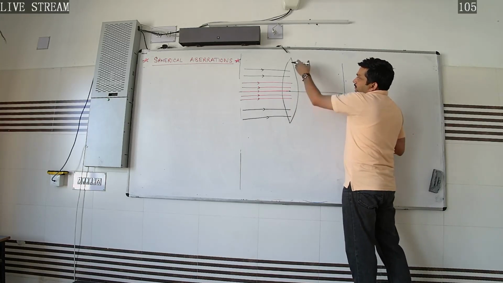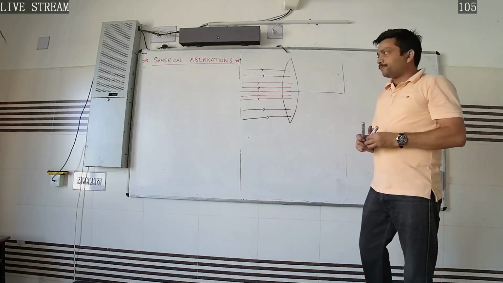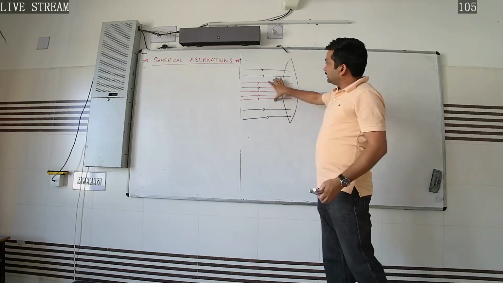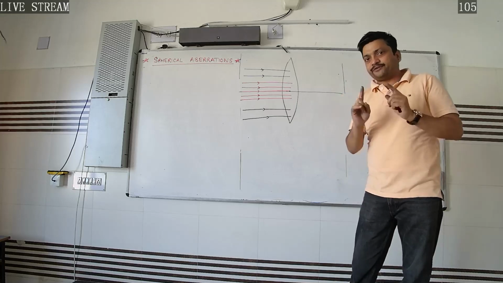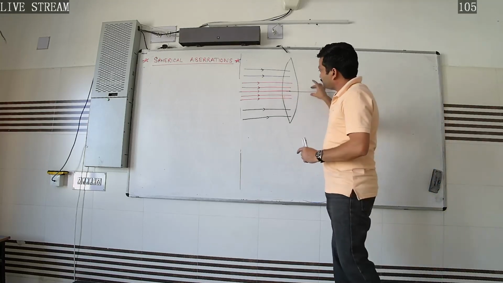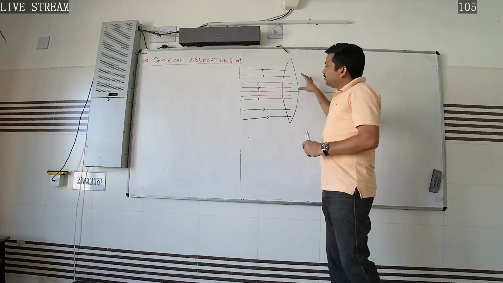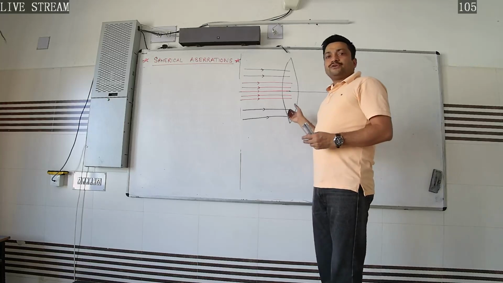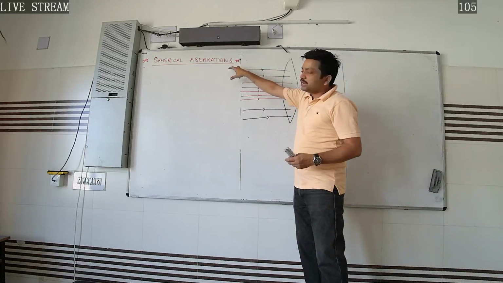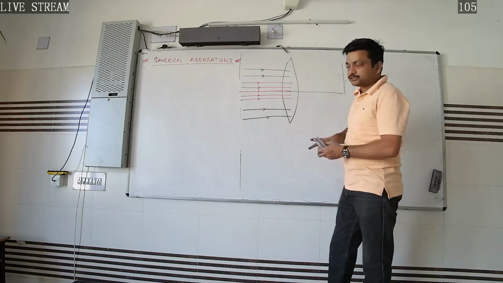In this case, if this lens is of large aperture, then for these paraxial and marginal rays, there will be 2 principal focuses at which the rays of light after refraction will get focused, and the image formed will be blurred. Or we can say this is a kind of defect. Spherical aberrations are defects which arise in lenses of large aperture.